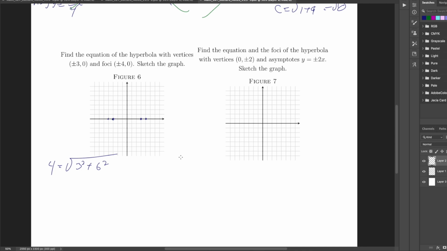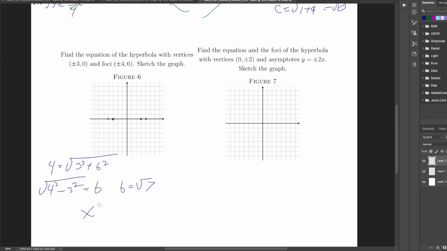And so that means b, so 4 squared minus 3 squared, is equal to b squared. And so b equals the square root of 16 minus 9, so the square root of 7.